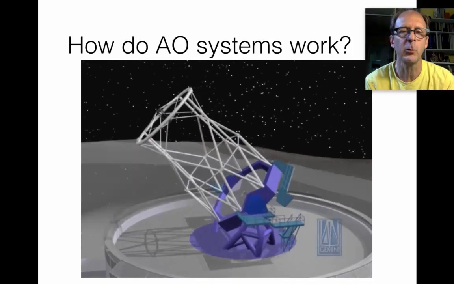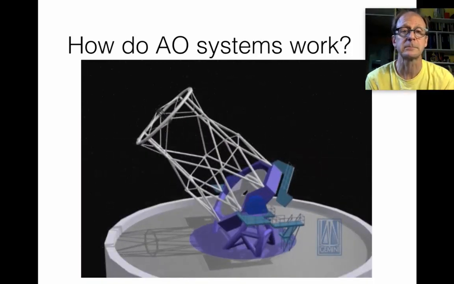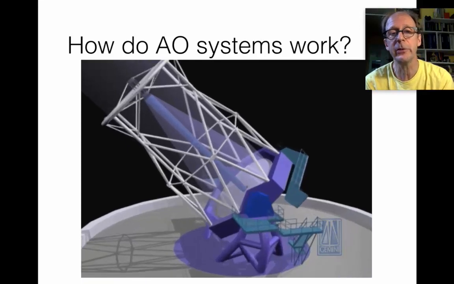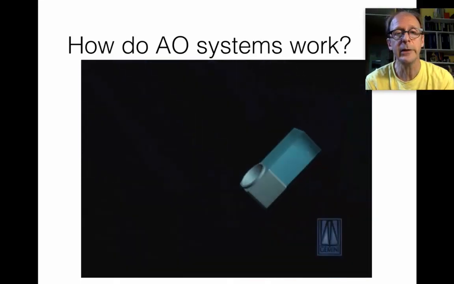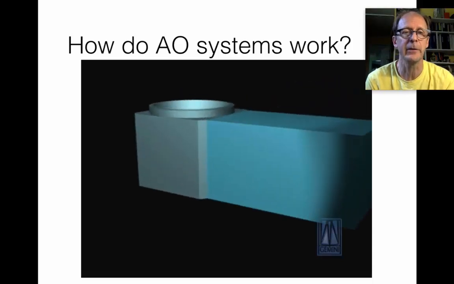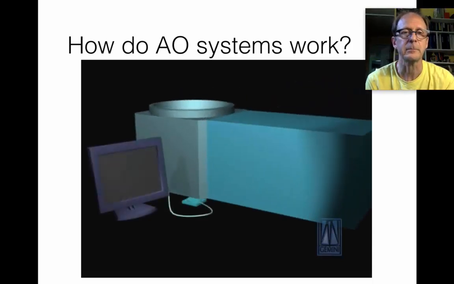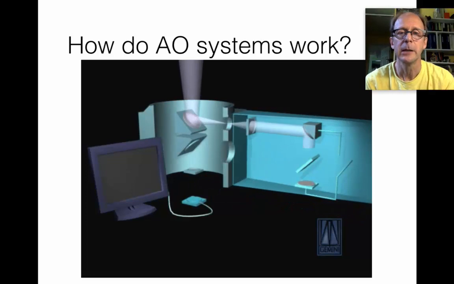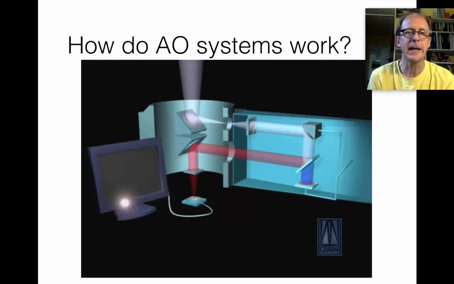There's a donut hole in the big mirror. Here's light coming down from the sky, hits the secondary mirror, goes through the donut hole into the adaptive optics system on the back of the telescope. We peel away that. Light gets deflected, it's split, and there's a science camera and the adaptive optics camera.